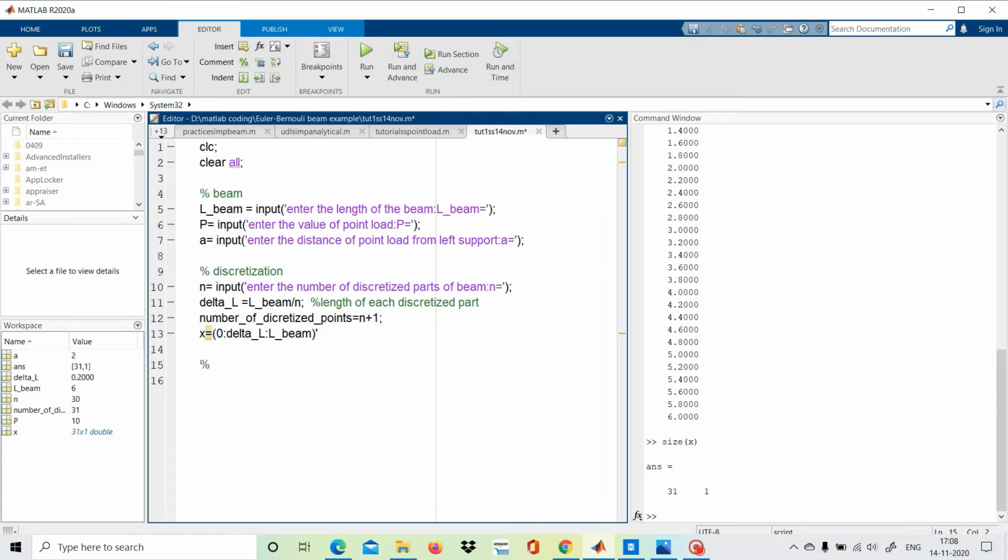Then we will find the reactions. So let's see what the reaction is. The reaction is R1. On the left side, the reaction we got was P multiplied by b divided by the length of the beam.